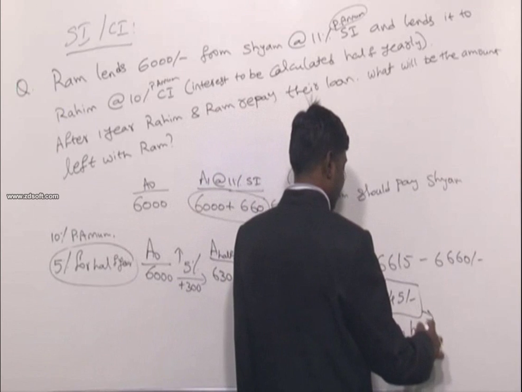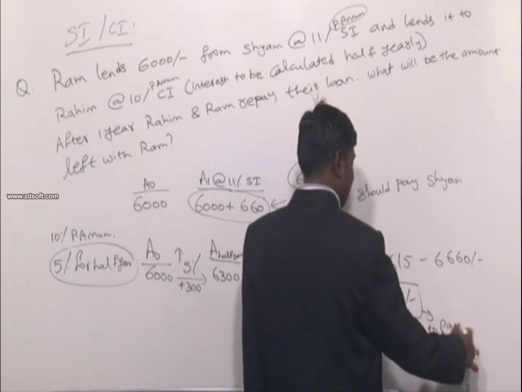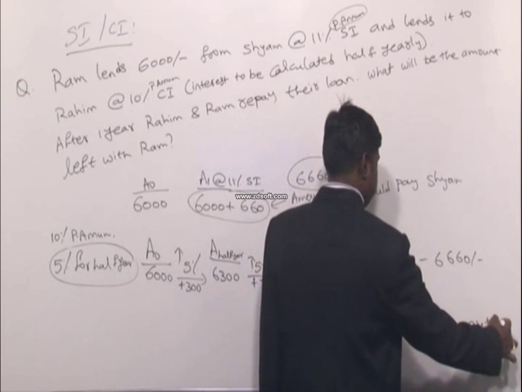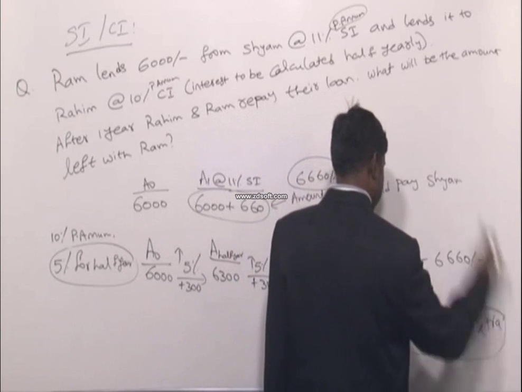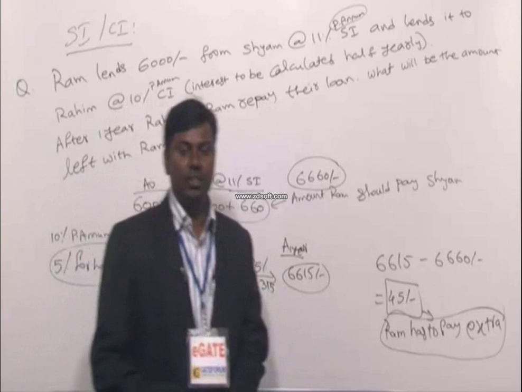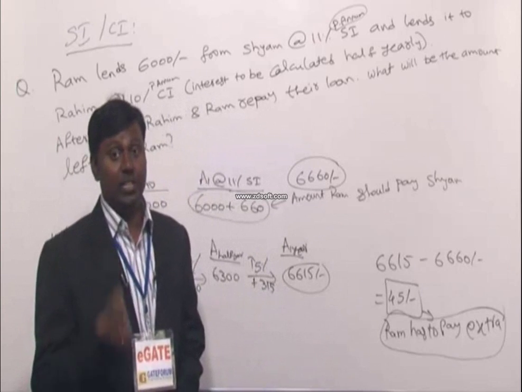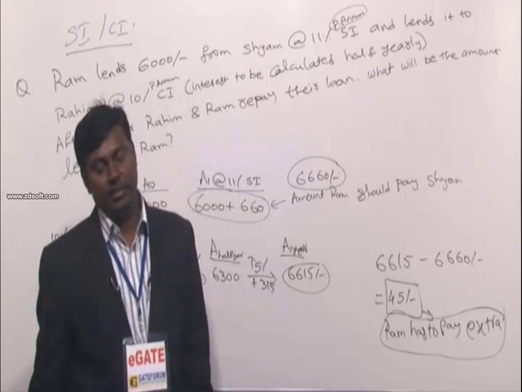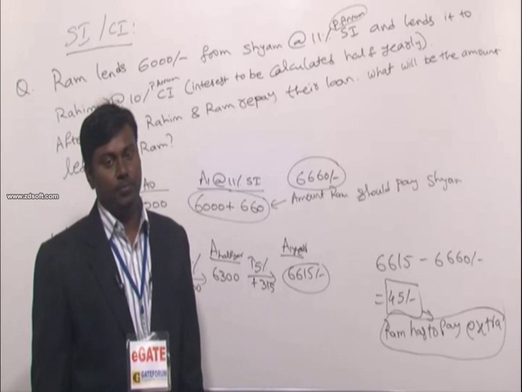Ram has to pay 45 rupees extra. This is the answer. So he is left with minus 45 rupees. That is, he has to pay from his pocket 45 rupees extra. Take it fast.